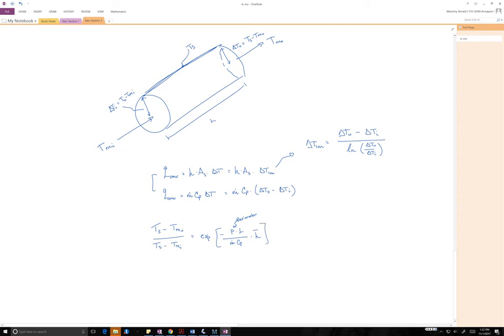Likewise, if we're not looking at the entire tube, another relationship comes out of setting those two things equal to each other, except now we use local convection coefficients.